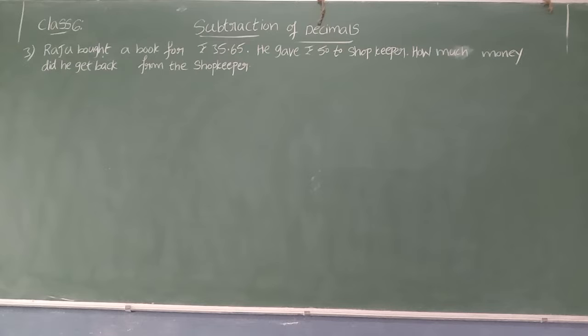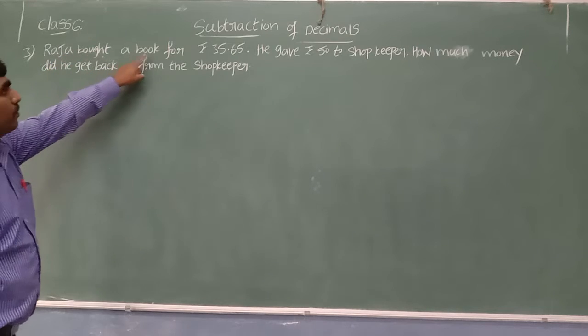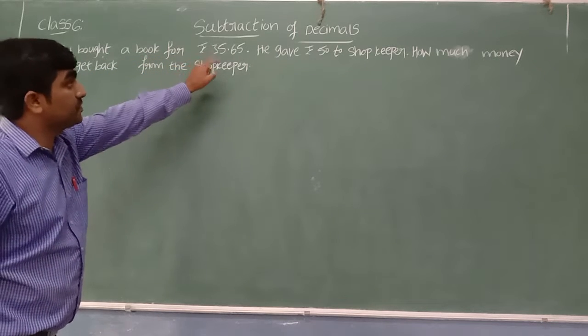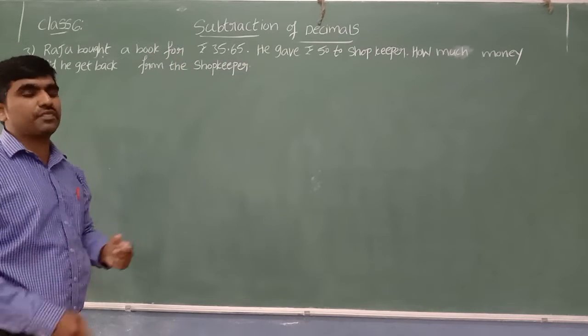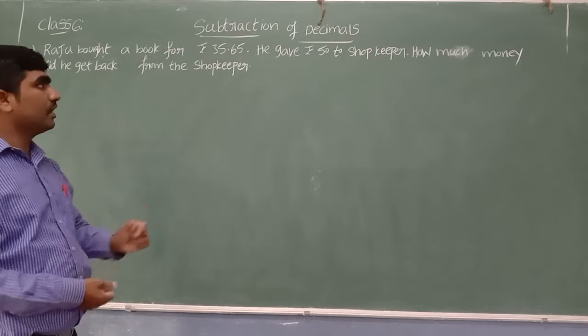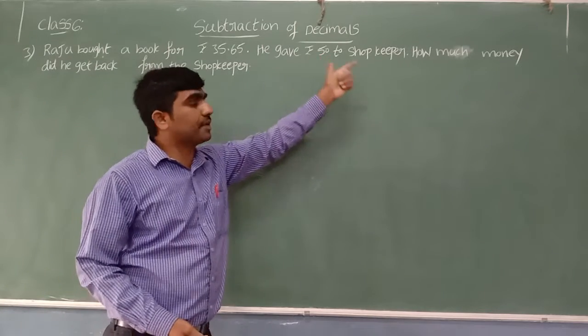Yes, children, you can see one application of subtraction. Here they gave a word problem based on subtraction. Raju bought a book for 35.65 rupees. The cost price of the book is 35.65 rupees, and he gave 50 rupees to the shopkeeper.